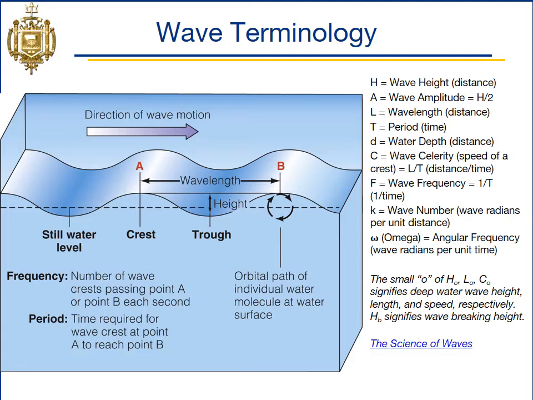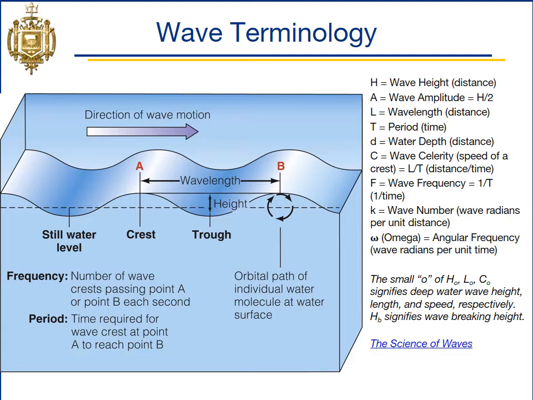Frequency is 1 over period, so that's in units of cycles per second, or hertz. And the wave number is 2 pi over the wave length. And omega is radian frequency, which is 2 pi over T, sorry. So the radian frequency, omega, is 2 pi over the period.